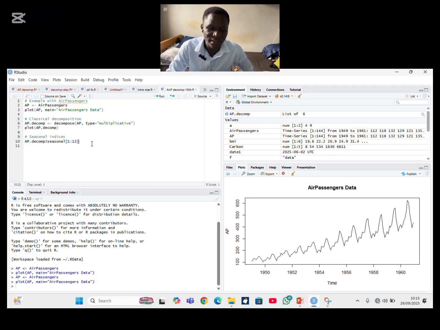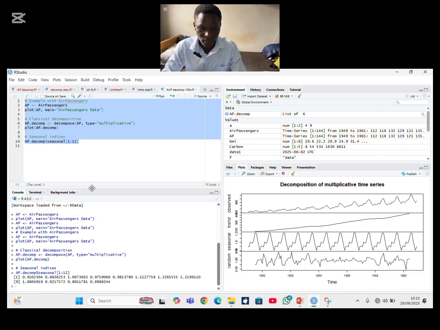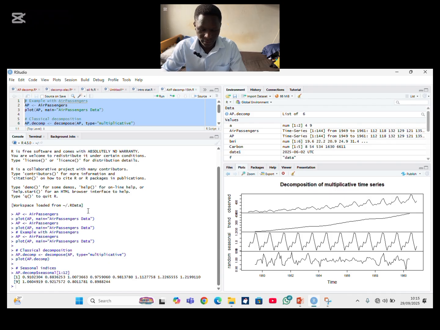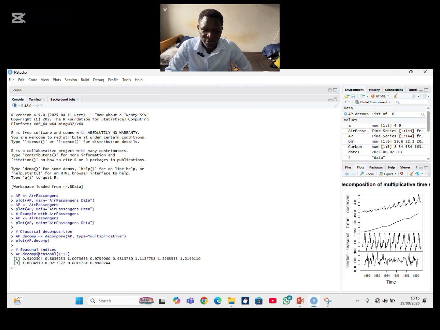Now, let me highlight this. Command enter. Yes. These figures down here are my seasonality factors. These are my seasonality factors. So you notice that too bad this one is not well labeled, but these are 12 months, and our year has 12 months.